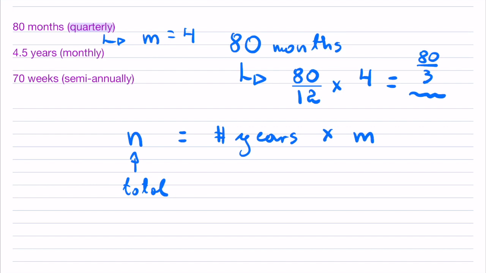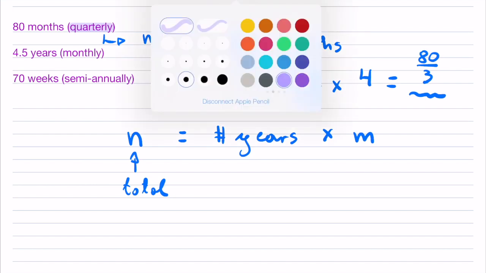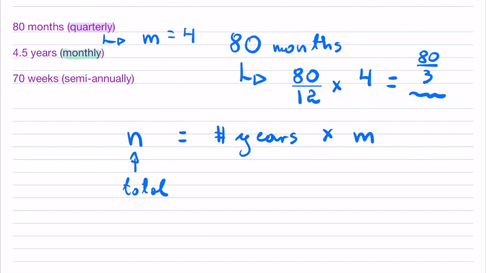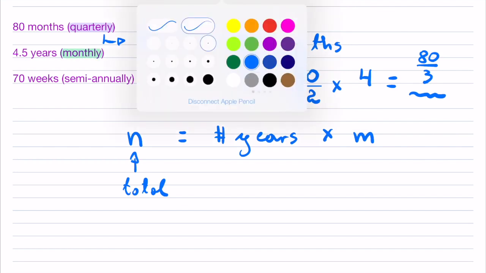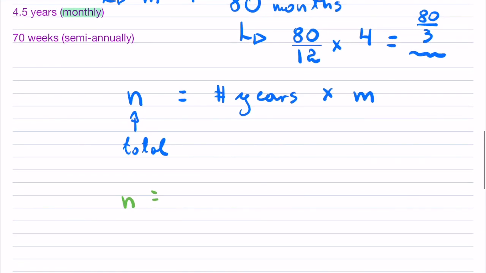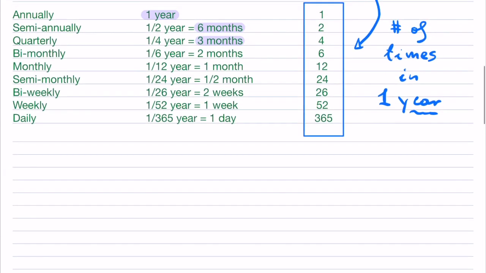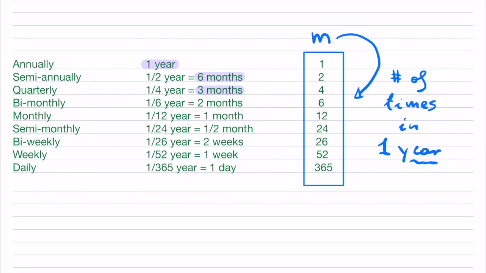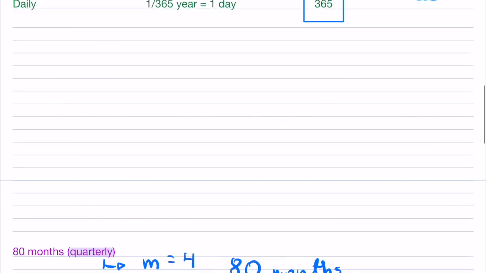Now, what if I was compounding monthly? So the second example there. Well, if I was compounding monthly, in this particular case, if I wanted to find my n, n is equal to, again, remember, the number of years. In this case, they give us the number of years, which is 4.5, multiplied by m, which is the number of terms in a year. Well, monthly means 12, and that is simply coming from there.